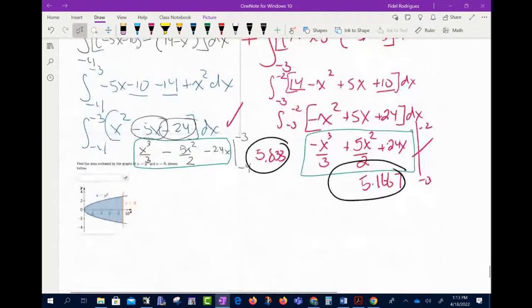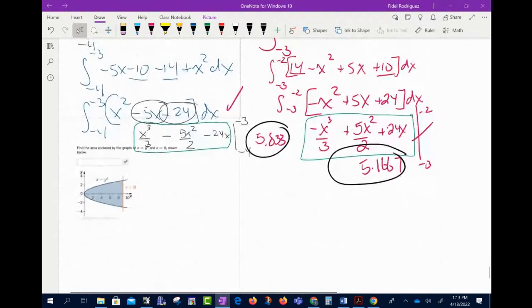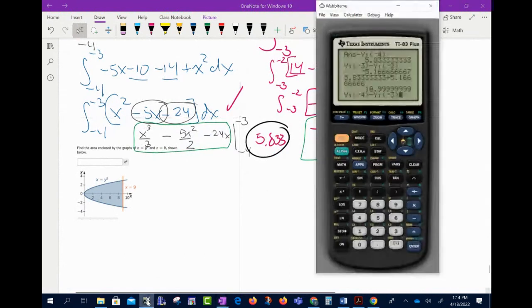Oh, I'm supposed to go -3 first, right? Am I correct? Yeah, that's what I'm doing wrong. Okay, my bad. That's probably where I made my mistake. -3, and then let me fix this here, -4. Okay, so did you come up with 5.833 the first time? Yeah, we're good there? Okay, and then let me try this again.